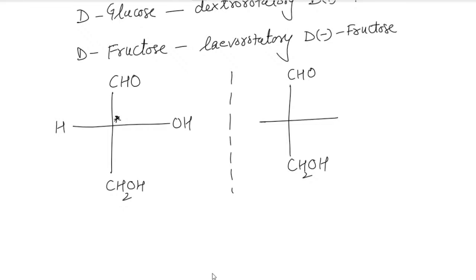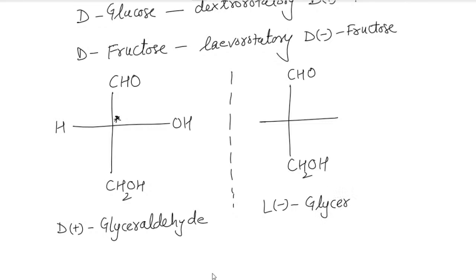This carbon is chiral. So, this is actually D plus glyceraldehyde. Okay. And its mirror image is L negative glyceraldehyde. Okay. Because it contains one chiral carbon, it exists in two enantiomeric forms.